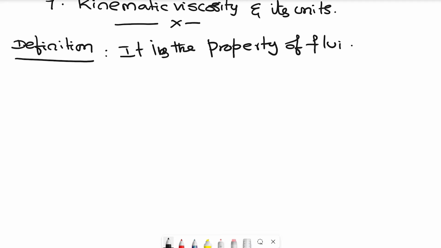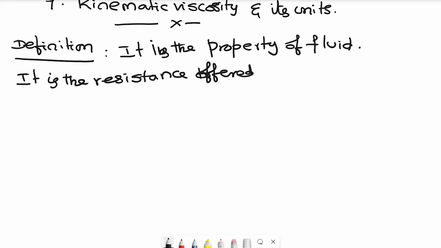It is the property of fluid. What it is? The resistance. This is the second word. It is the resistance offered to the motion or movement.